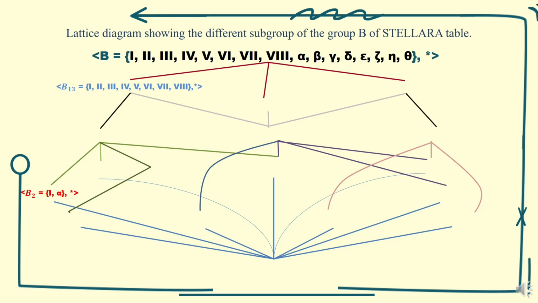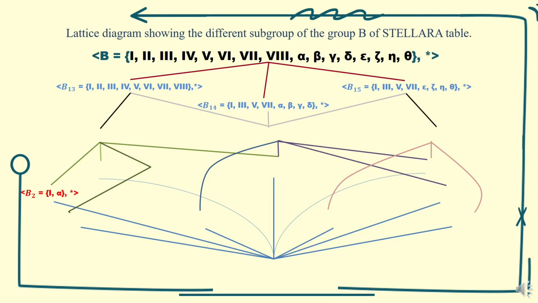There are three subgroups that contain 8 elements based on this table, which is B13 is equal to the set of 1 to 8 under the binary operation star is a proper subgroup, and B14 is equal to the set of Roman numerals 1, 3, 5, 7, alpha, beta, gamma, and delta under the binary operation star is a proper subgroup.